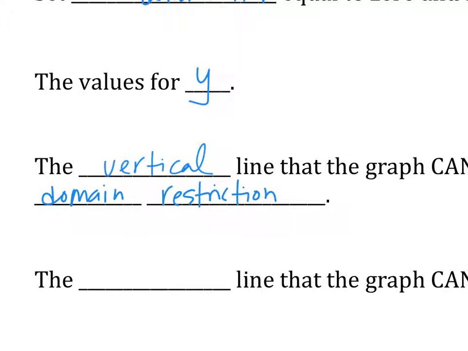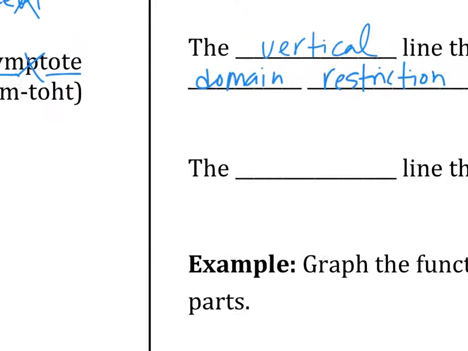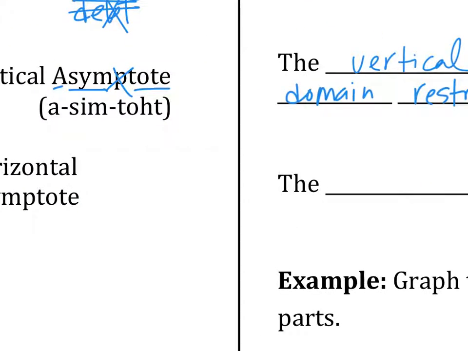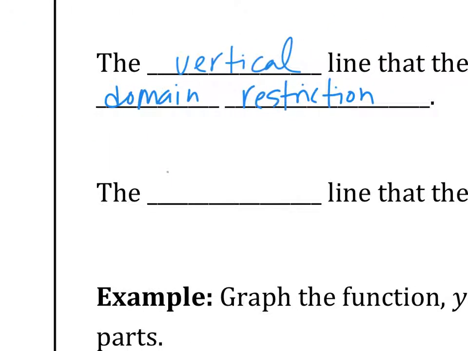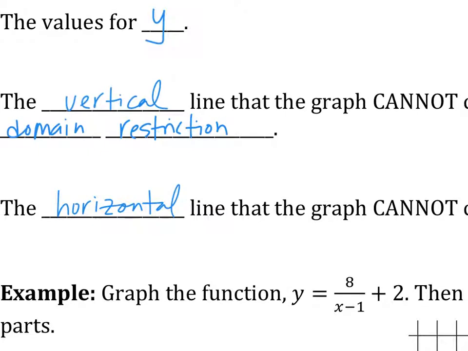This chapter gets pretty tricky because we have to check. Sometimes it's not the domain restriction. Okay, next. Horizontal asymptote. Horizontal is this way, the left and right. So this is the horizontal line that the graph cannot cross, usually.